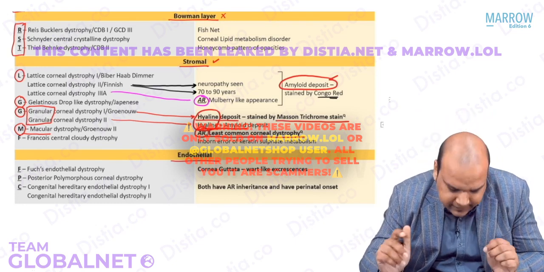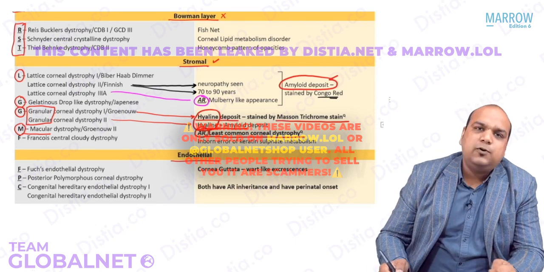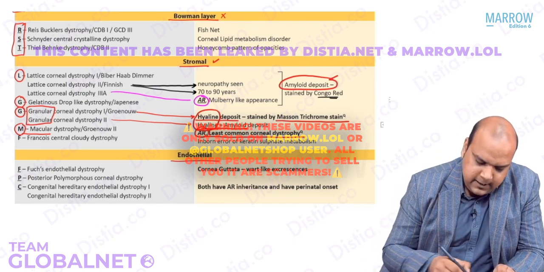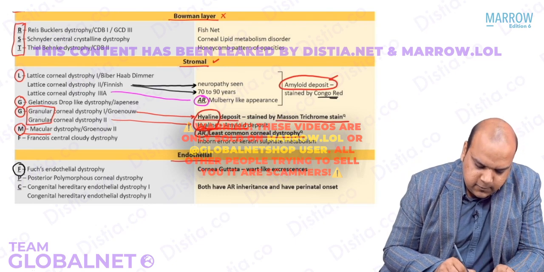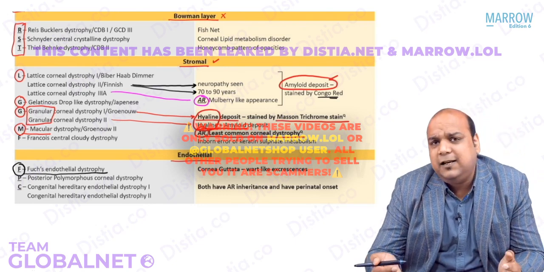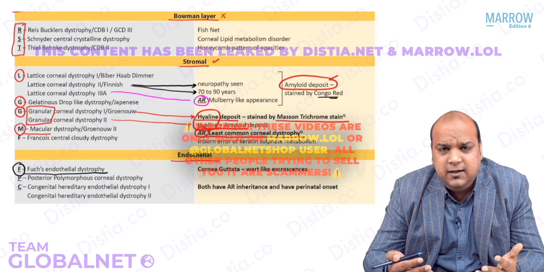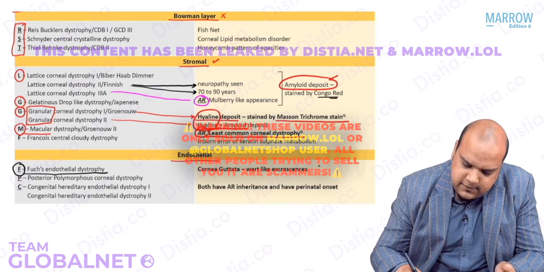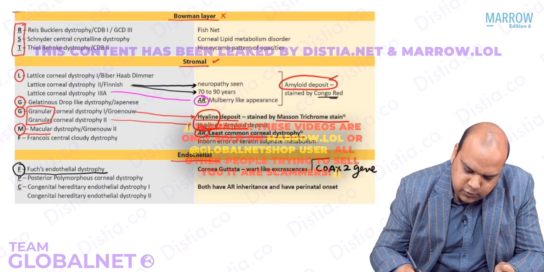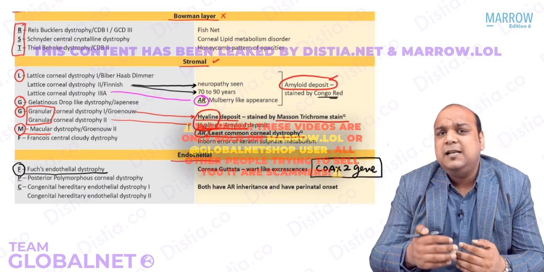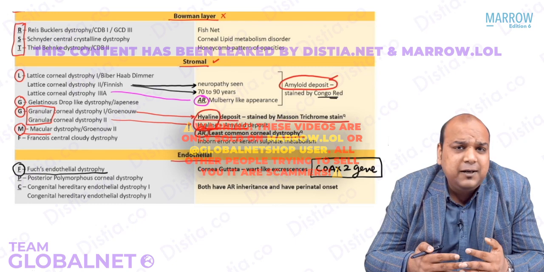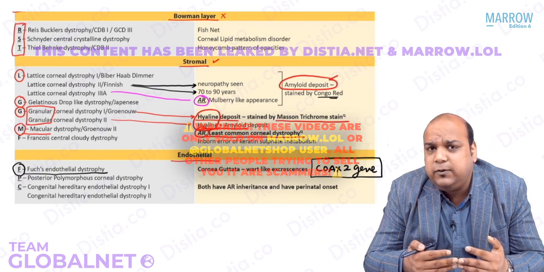Please remember them. Now, moving on to the last group of corneal dystrophies, that is endothelial, everybody. The important one is Fuchs endothelial dystrophy. From the name itself, it is very clear that the endothelium is getting affected. Yes? In this, there is a mutation of the gene which is called the COL8A2 gene. The COL8A2 gene mutates, which leads to damage to Descemet's membrane and a little bit of endothelium.